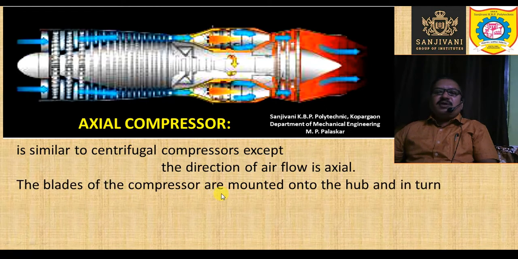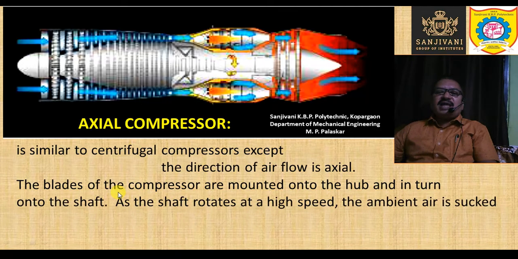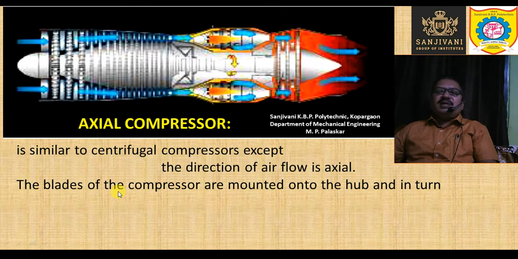The blades of the compressor are mounted on the hub and in turn onto the shaft. So the blades are mounted on the hub of the compressor and the hub is mounted on the shaft of the compressor. So ultimately, indirectly, we can say that the blades are mounted on the shaft of the compressor. That means this is nothing but the rotor of the compressor.